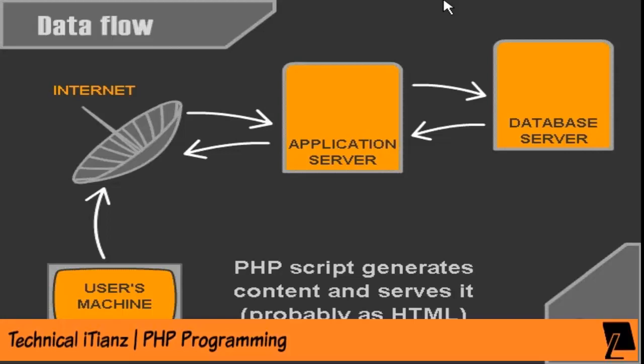Now, all the way through this title, we're just going to be looking at serving pure HTML. It is perfectly possible to serve other kinds of technology, such as JavaScript or client-side scripting through PHP, but typically we're going to be serving up HTML.